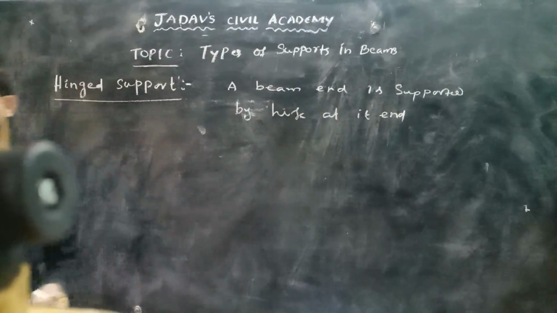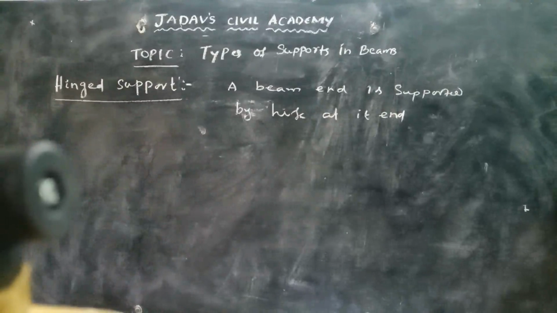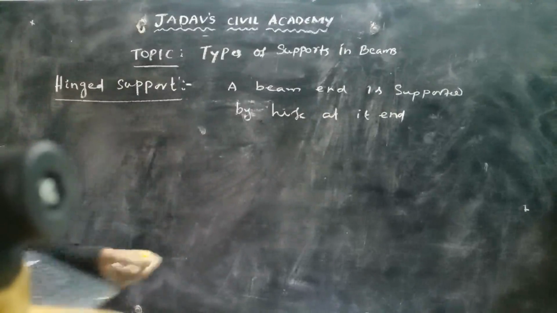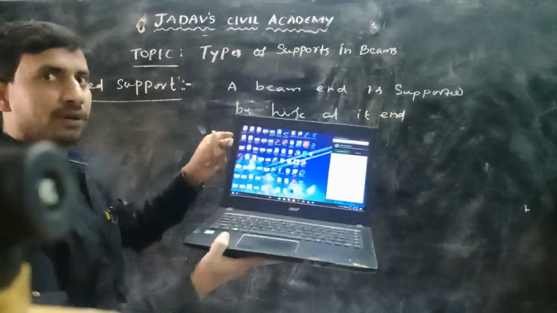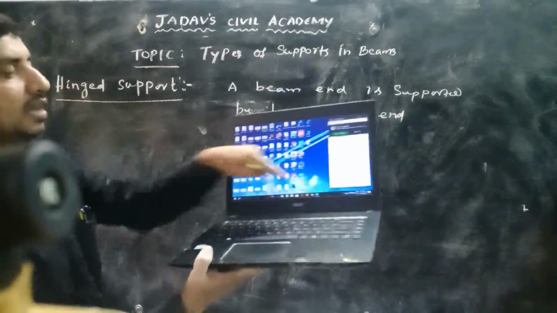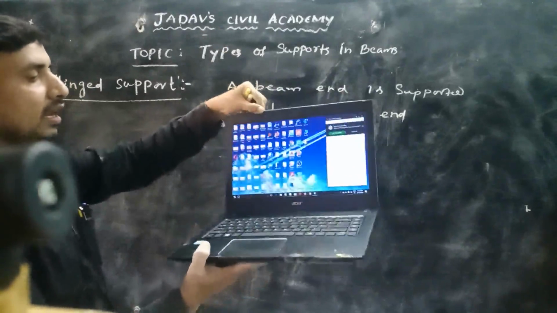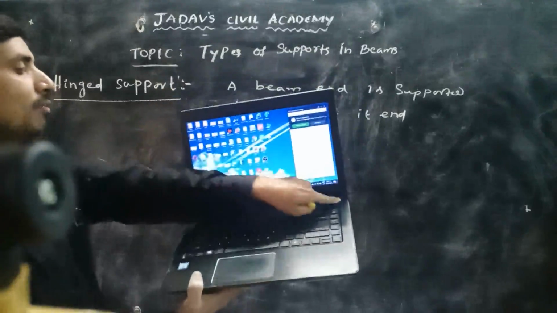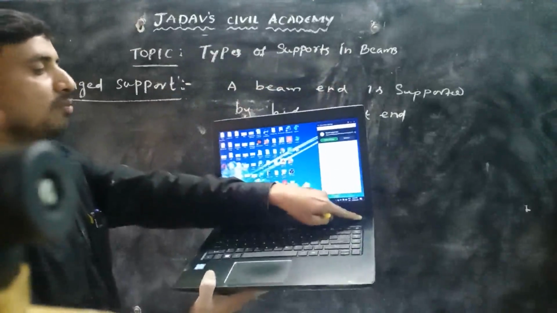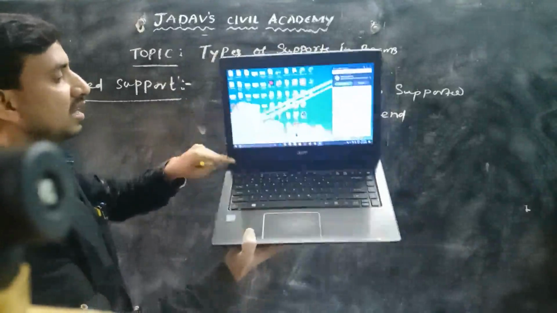The best example of a hinged support I will show you practically. Here I have a laptop. If you see the laptop, there are two supports for this plate, and this vertical plate is mounted over a support called a hinge. So these are the two hinges.